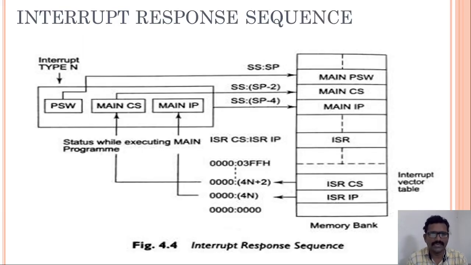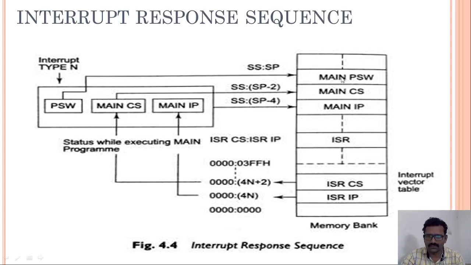So, you see the interrupt response sequence, what is going to happen. The main program status word, the flag register contents, will be stored in the stack segment. SS is the stack segment, and SP, the stack pointer, points to the address in the stack segment.